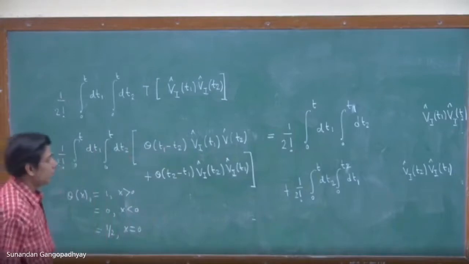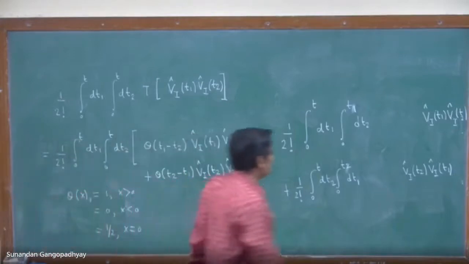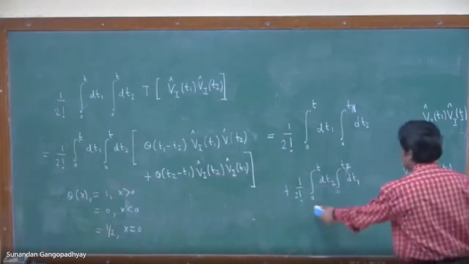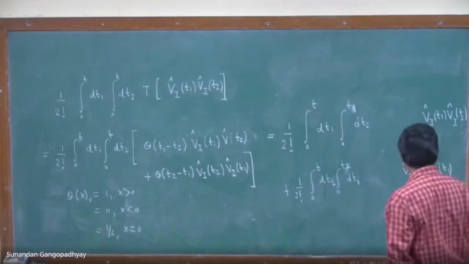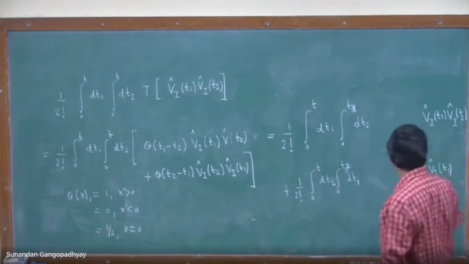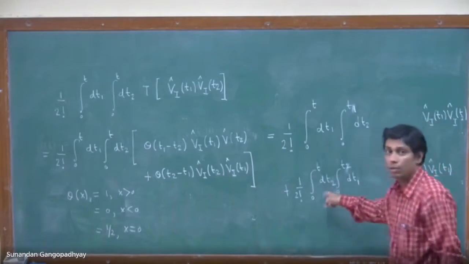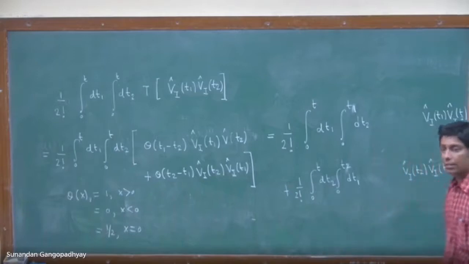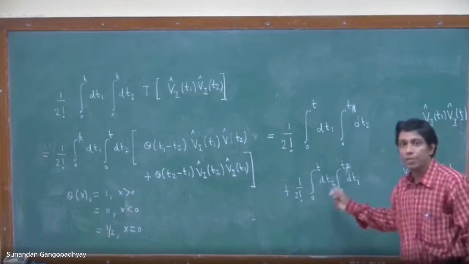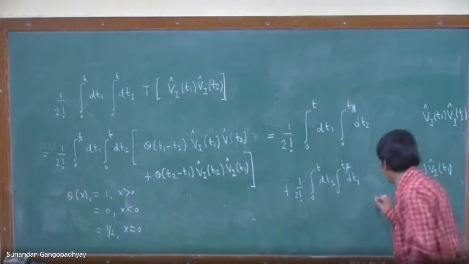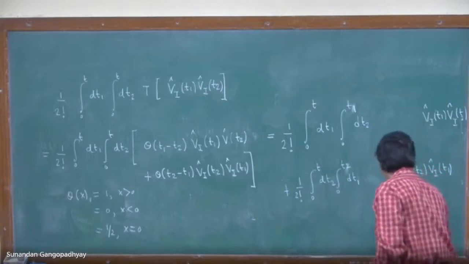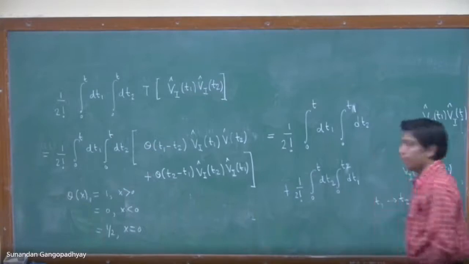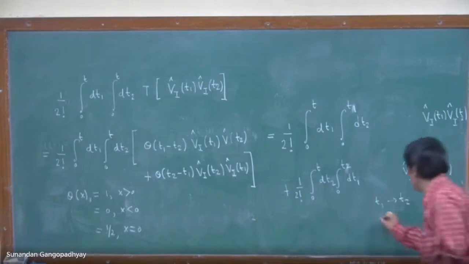Now in this expression, you can just see t1 and t2. These are all dummy indices, right? These are integration variables. So you can change t1 to t2 and t2 to t1.